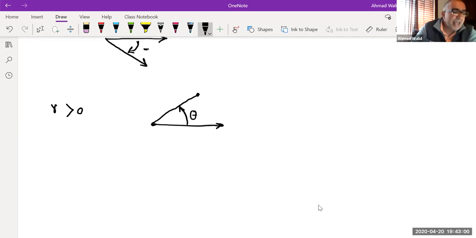When R is less than 0, how to find it? This is your pole. For example, first you have to find your point.